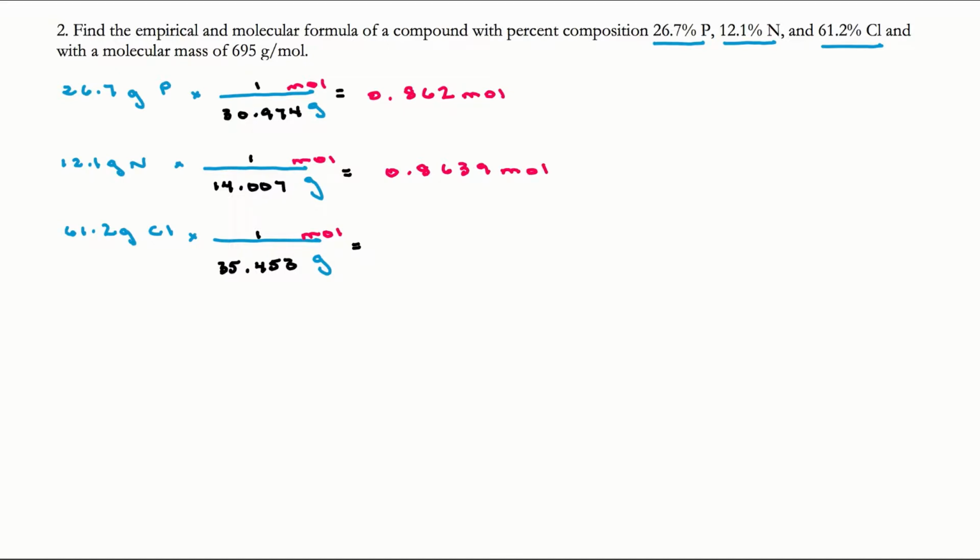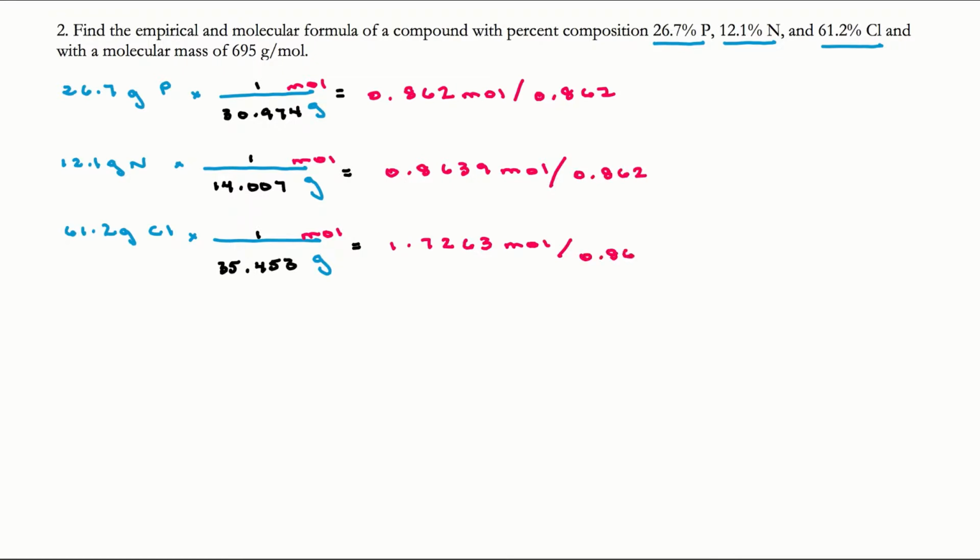And then when I take 61.2 and divide that by 35.453, I get 1.7263 moles. So I'm going to divide now by my smallest number of moles in order to determine the mole ratio. And that ratio will be my subscripts that I'm about to write.